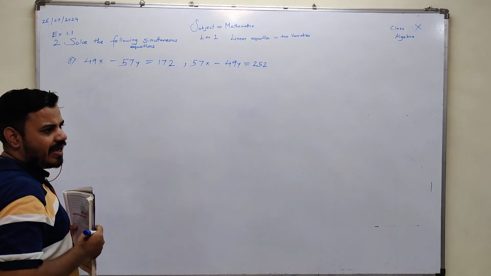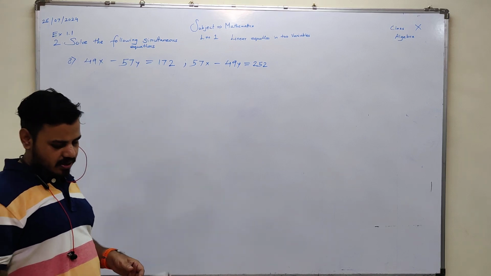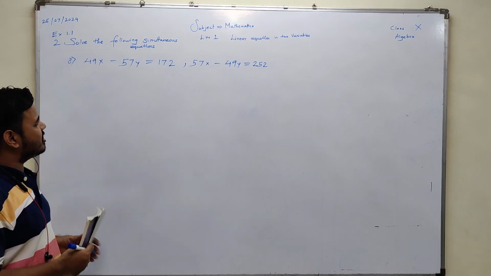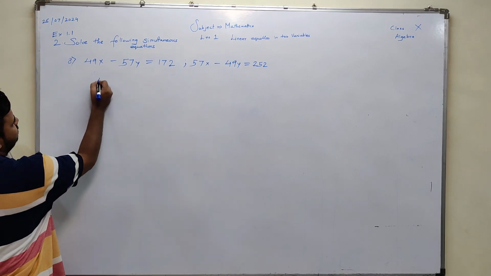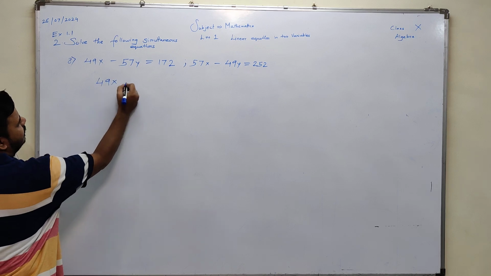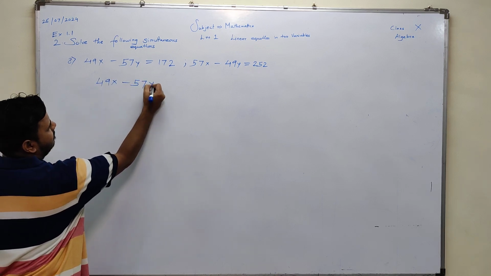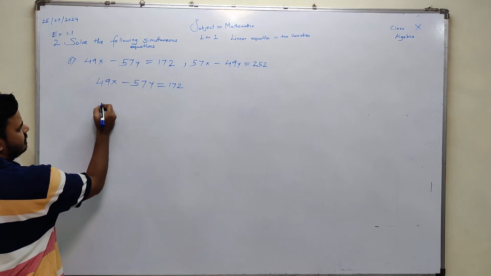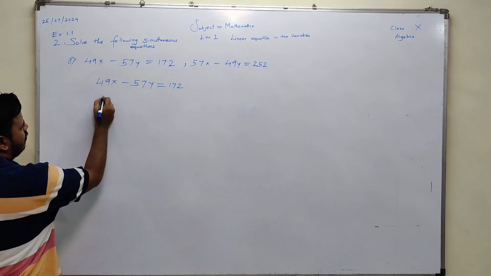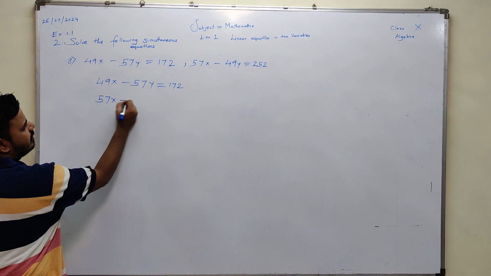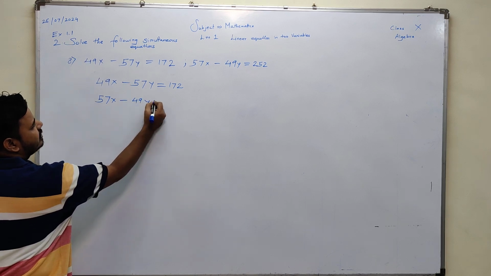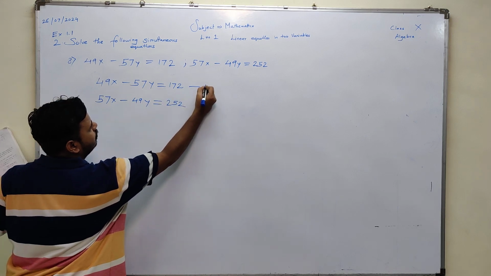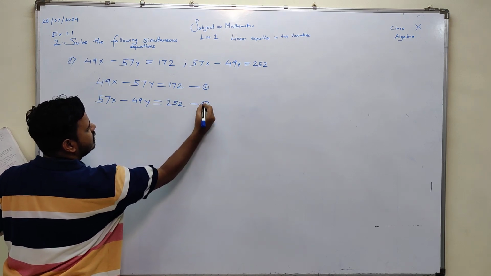So as we saw in the earlier example number 7, what I told you is that whenever you see such kind of equation which is having coefficients arranged diagonally, 57x minus 49y is equal to 252. This will be our equation number 1 and this will be our equation number 2.